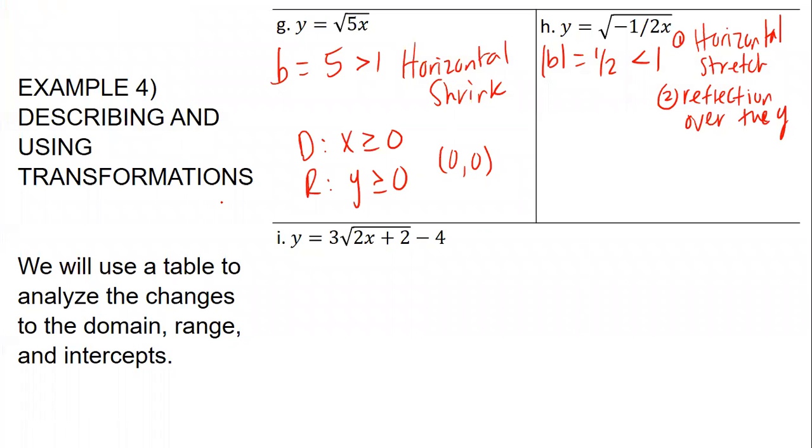Because of the reflection, our domain goes from negative infinity to 0, which means that x is less than or equal to 0 now. Do you have to write the pair? No, the interval notation is just to help you make sure you do your inequality right. Our range is unchanged, and so is our y-intercept.